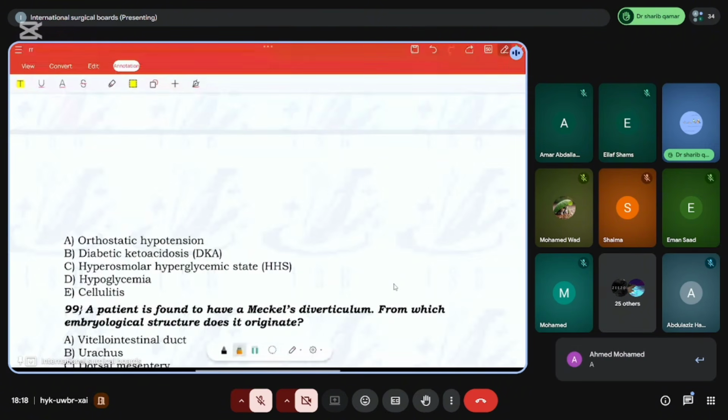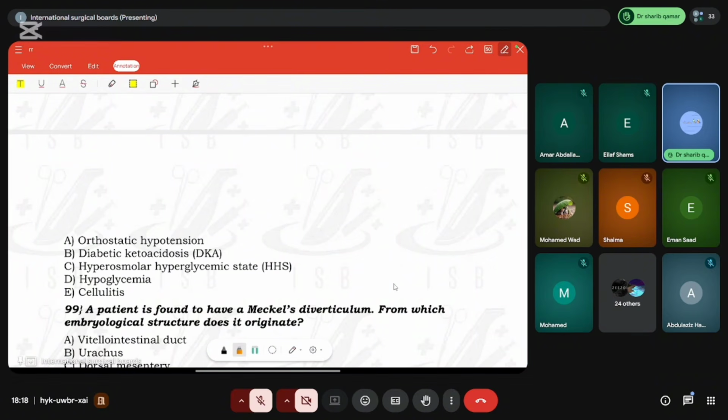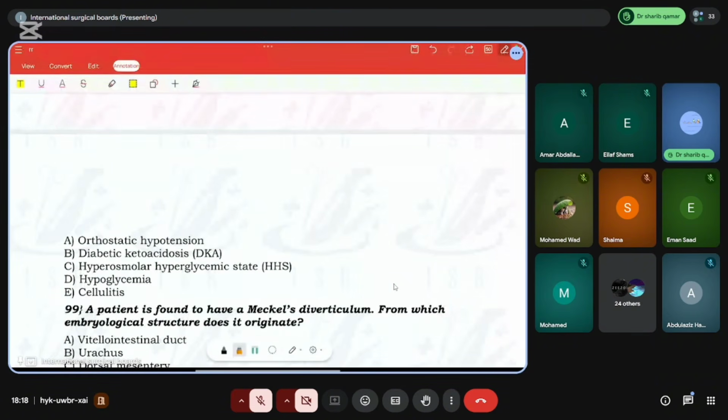So what are the chronic complications of diabetes? For example, coronary heart disease. Yeah, that's chronic, right? Diabetic neuropathy, diabetic nephropathy, diabetic vasculopathy, diabetic ulcers, foot disease, peripheral vascular disease also.